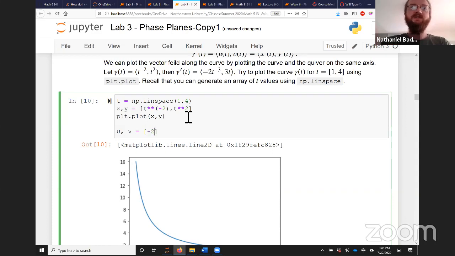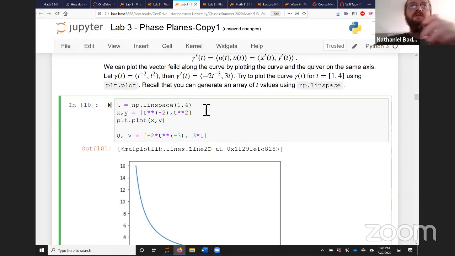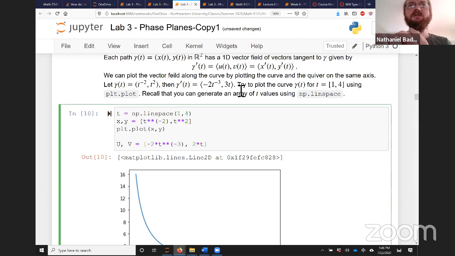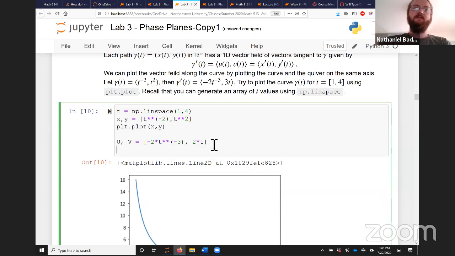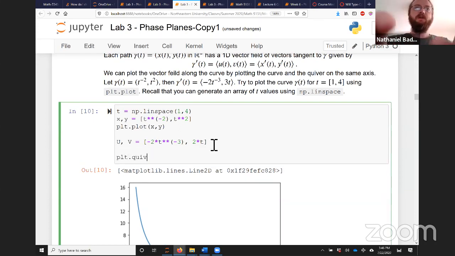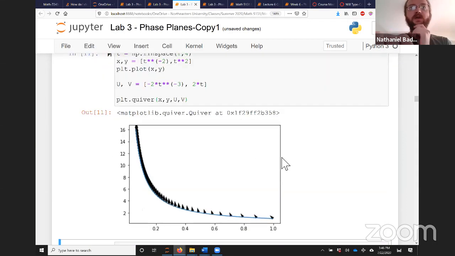It's going to be minus 2 times t to the minus 3, and 2 times t. Oh, that's very incorrect. Then we can add the quiver plot. And okay, there are our little arrows there.